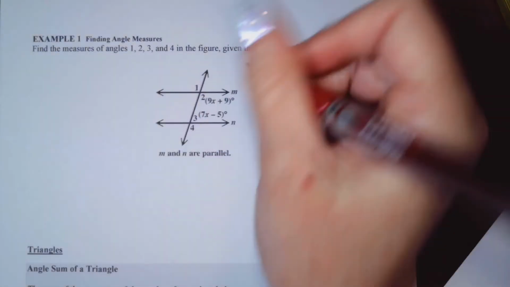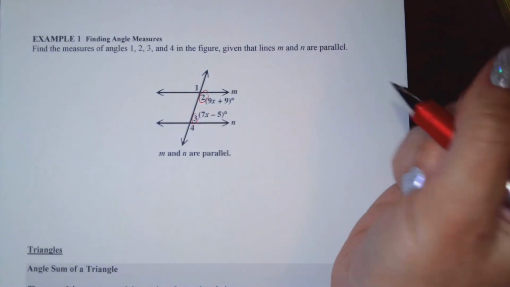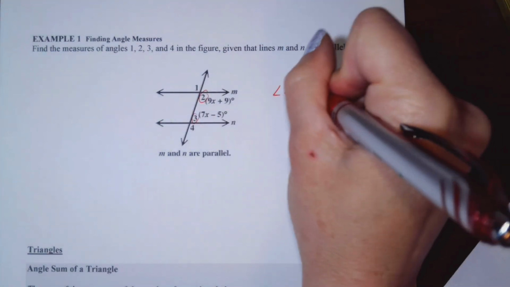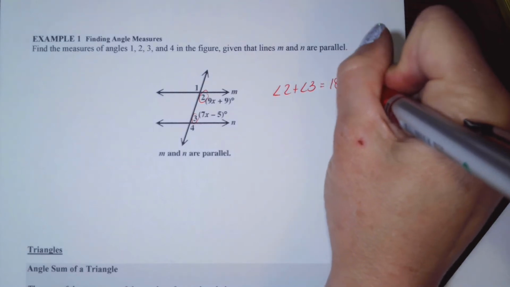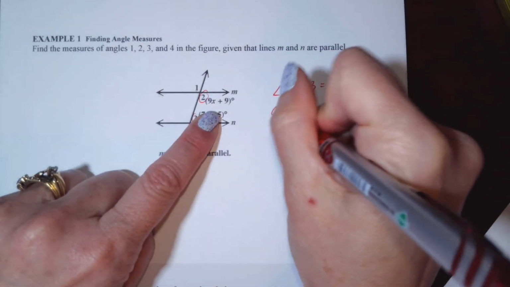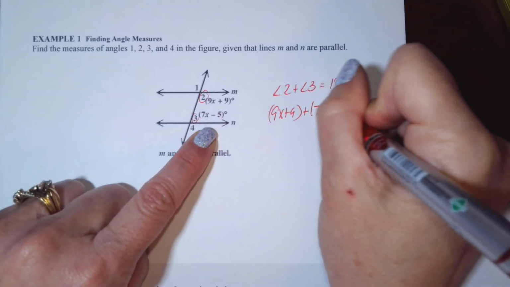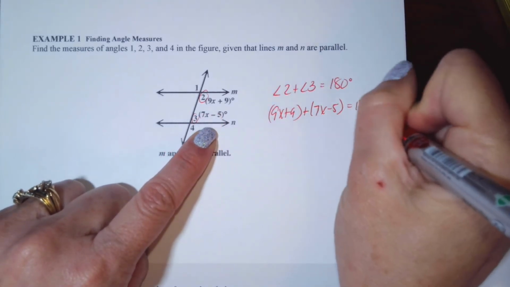So angles 2 and 3 are supplementary. Angle 2 plus angle 3 is 180 degrees. I can write angle 2 as 9x plus 9, and angle 3 as 7x minus 5.